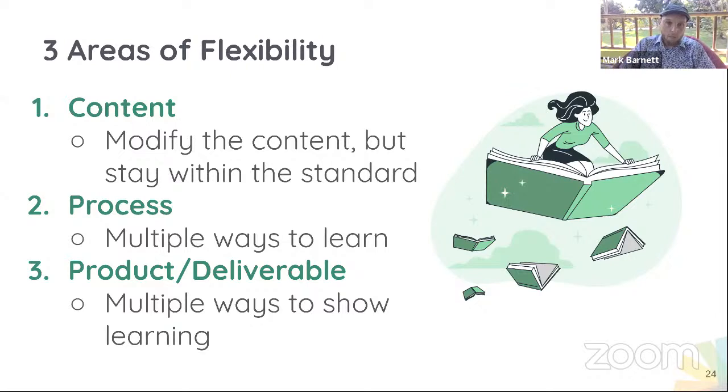But I can modify the content and meet the students' reading ability. I can meet their different needs. And so what I might provide is a set of resources. So there might be videos, there might be Wikipedia articles, there might be magazine articles. So I can modify that and tailor it to each student based on what they need, but I'm not changing the content.